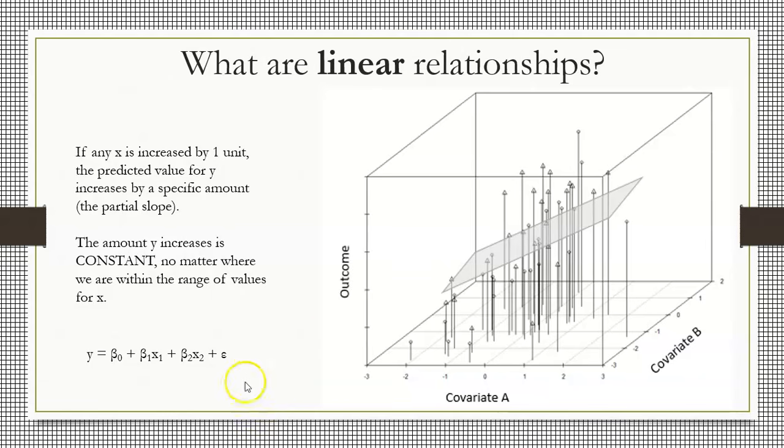But another way I want you to think about this, other than it being a line or a plane, is that what we have is a constant relationship. What that means is how much y increases when I increase x sub 1 is always the same, no matter where we are in the range of possible x sub 1s. So if we're comparing somebody who has a GPA of 2.5 versus a 3.5, we're going to get the same increase in y as if we compare somebody who has a 1.5 versus a 2.5.